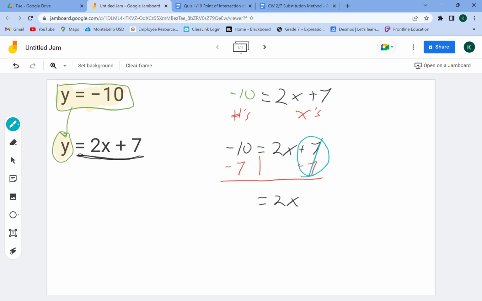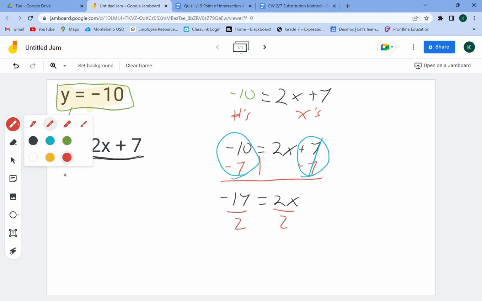Then I combine these two, and I notice that they're both the same symbol. Since they're both negative, it's going to be a party, a negative party. And 17 got together there. So then what I do next is I go ahead and divide by 2 on both sides.